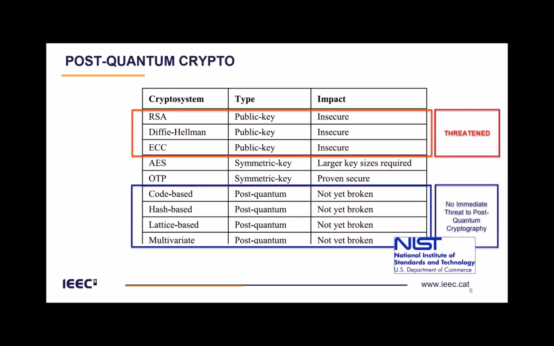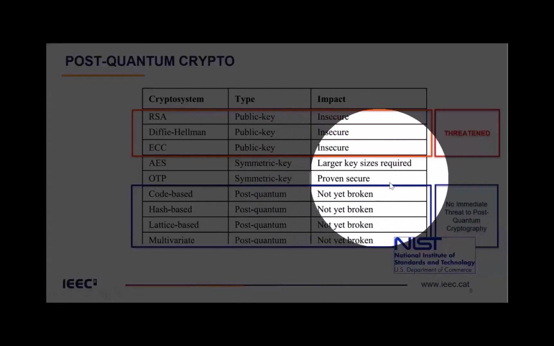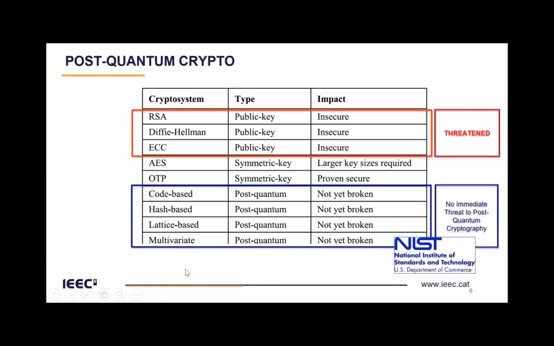Now we go to what the solutions are. First we have the solutions as proposed by NIST, where they reason that there is no immediate threat to post-quantum cryptography, and therefore this is their main focus.